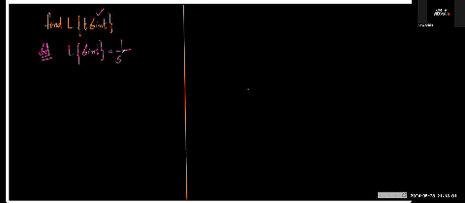Now, therefore, by the multiplication by t property, which we can also call a theorem, the Laplace of t sin t. Now look at the power of t. T is power 1.